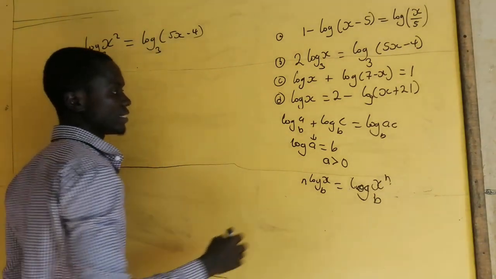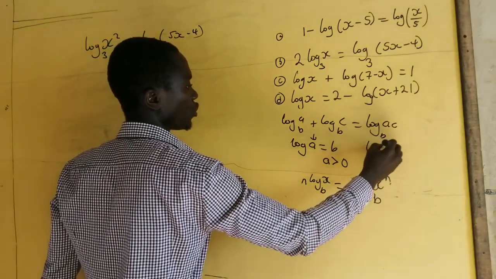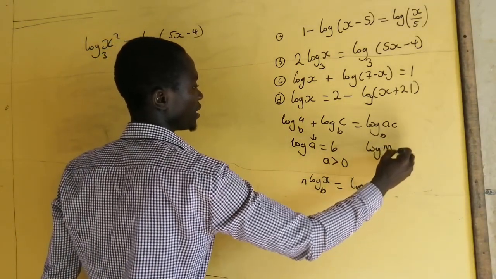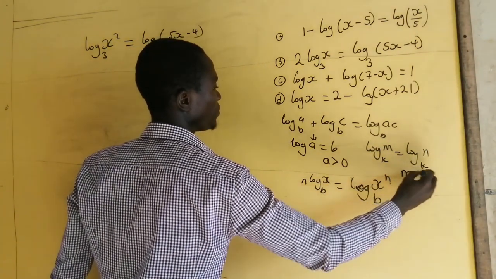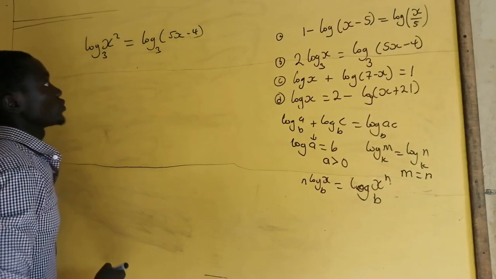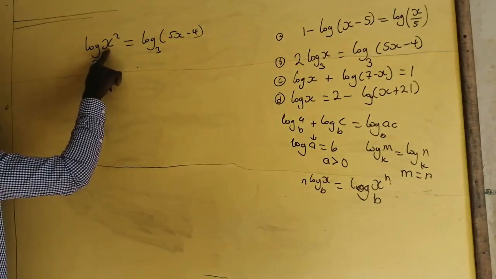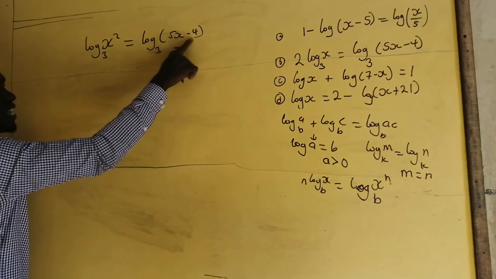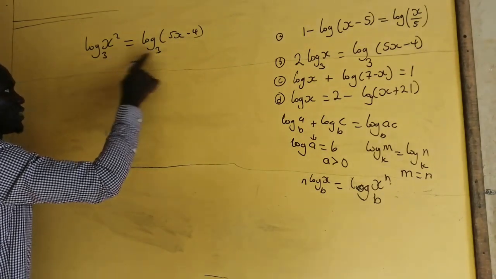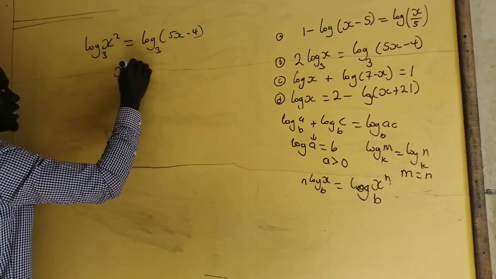And remember that if you have log m base k equal to log n base k, then m equal to n. Here we have the same base, so we just equate the numbers.